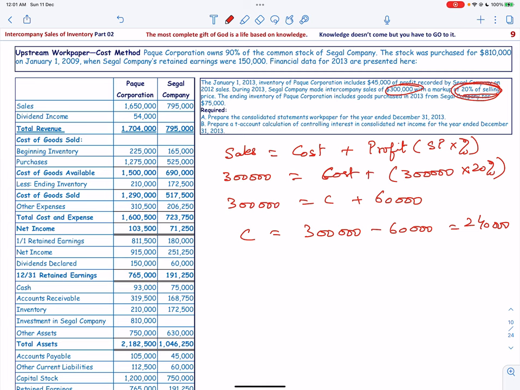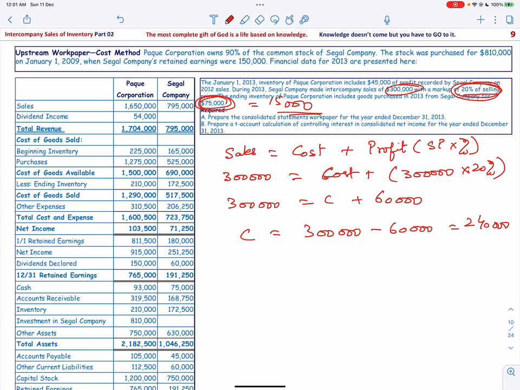So the 75,000 of ending inventory includes 20% of profit, and 20% is equal to 15,000, and this 15,000 is the unrealized profit in the ending inventory of 75,000 that needs to be eliminated.